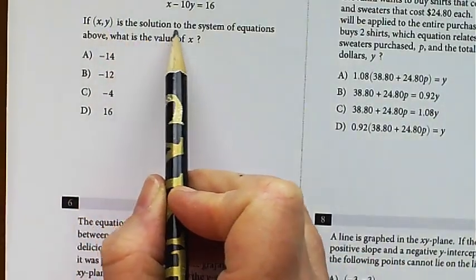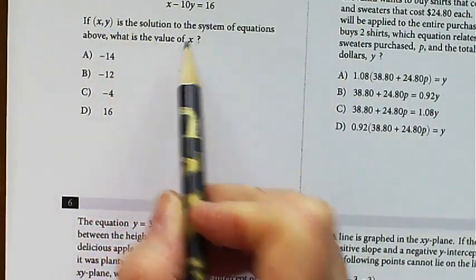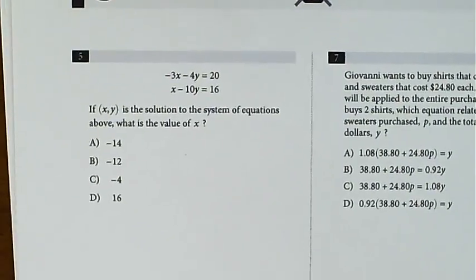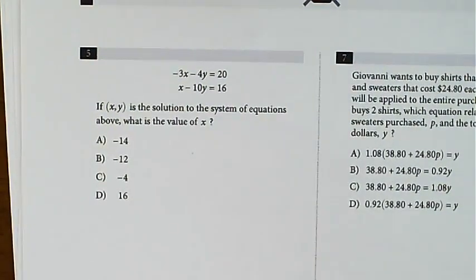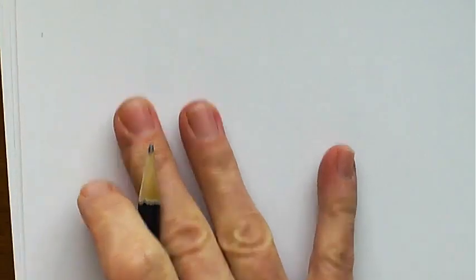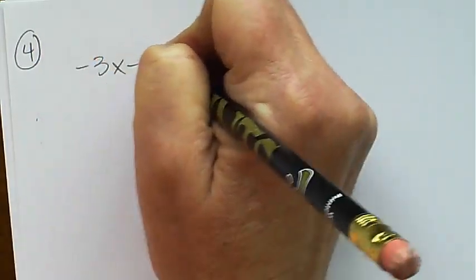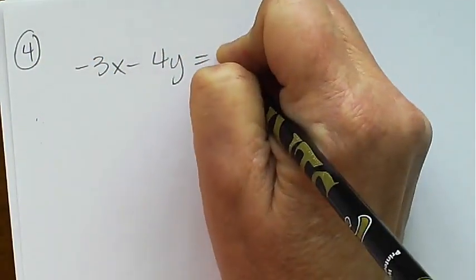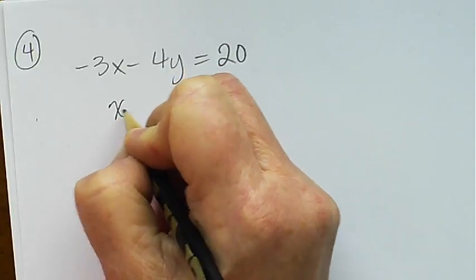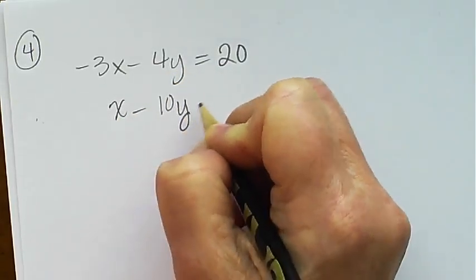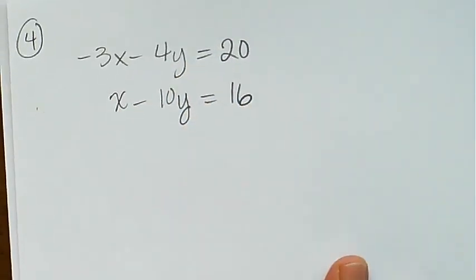Another system of equations on number 5, if (x, y) is the solution, what's the value of x? Now this is going back to linear equations. I'm going to write this out. And when we did systems of equations last year, we haven't reviewed this very much, so this is good review.